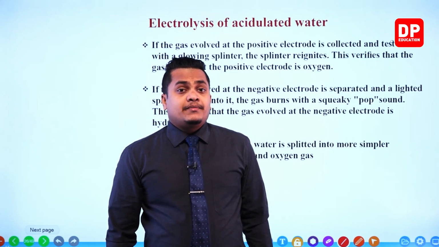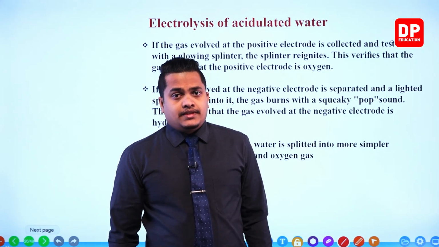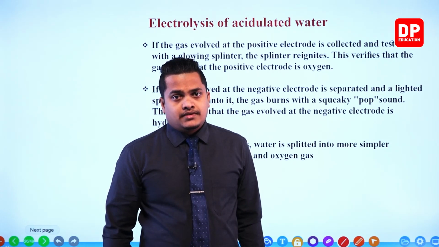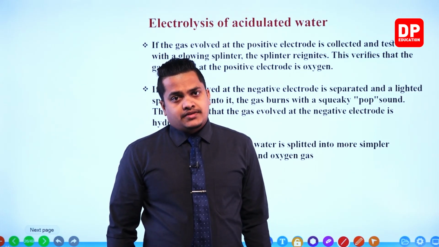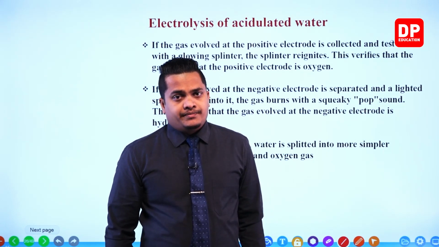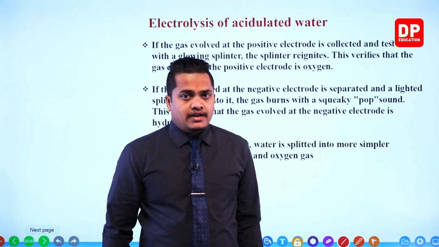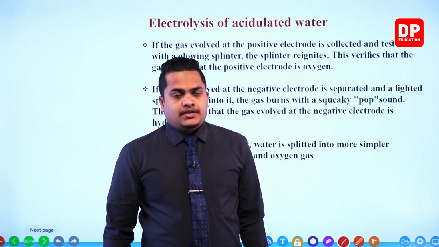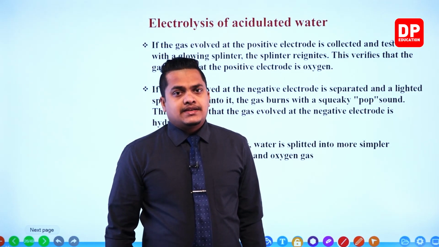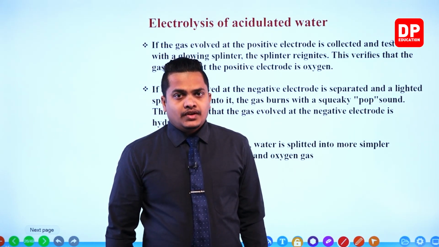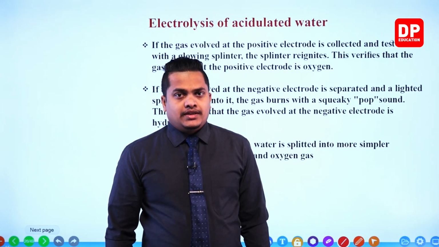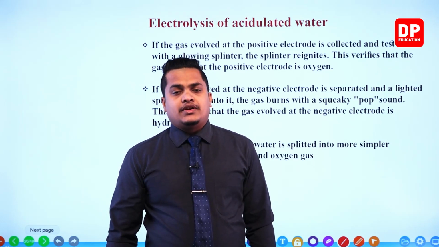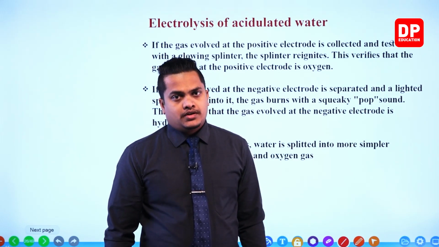During each and every process of electrolysis, the electrolyte is getting separated into simpler substances. It's valid for all electrolytes, not only for acidulated water. Each and every electrolyte is getting separated into simpler substances when you provide electricity. That's how the electrolysis process works.